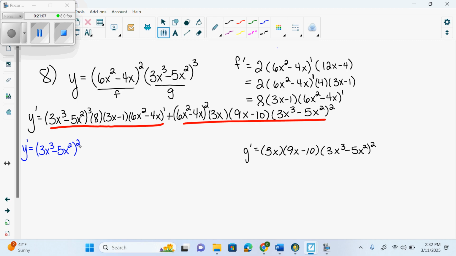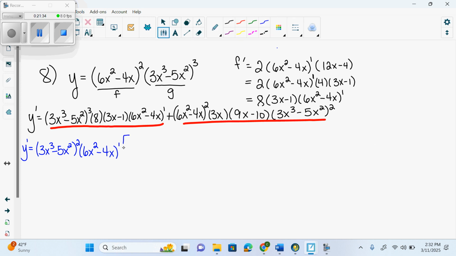Okay? What else can I take out of both? That's 6x squared minus 4x to the 1. Do you see why I didn't take that and take anything out of it? Because they match in both. So I'm going to take a 6x squared minus 4x to the 1. And then I think that's all I can take out.